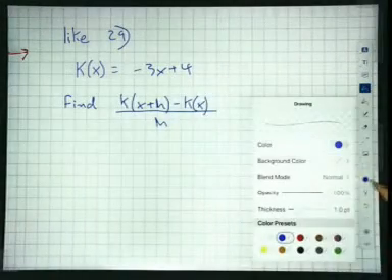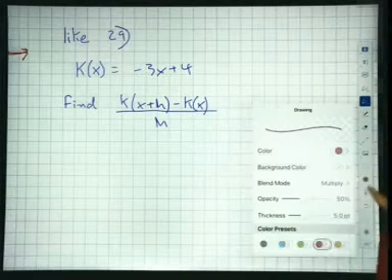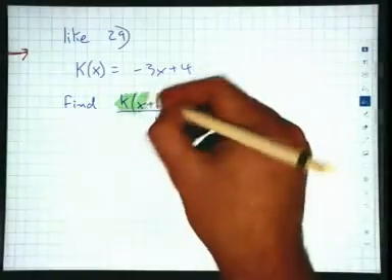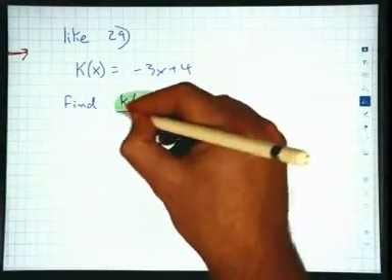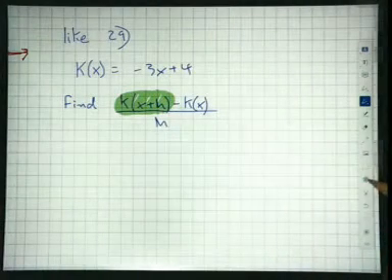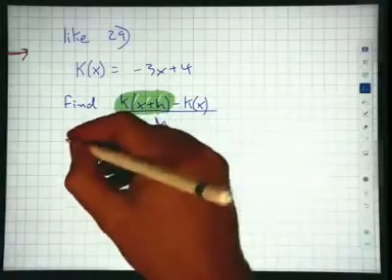So we need to do two things. Let's just start off with the main thing. We need to find out what is k of x plus h. So I'm going to do that in green, since I highlighted it in green.